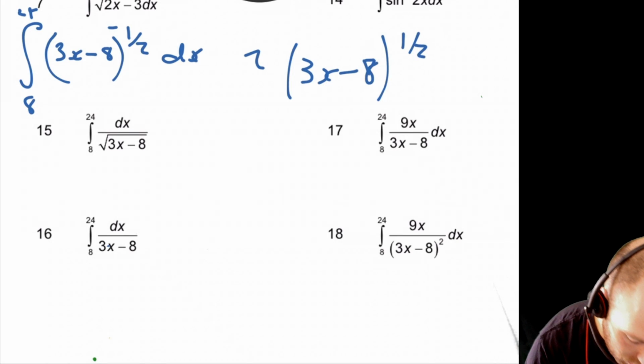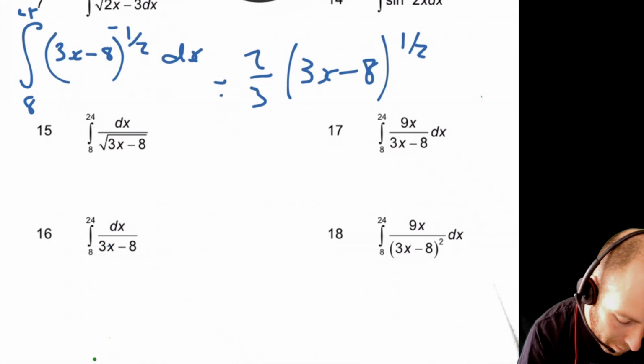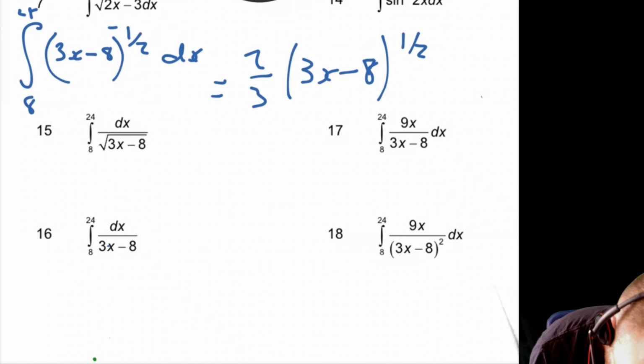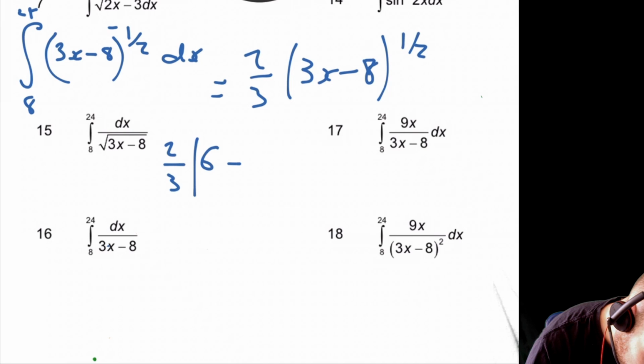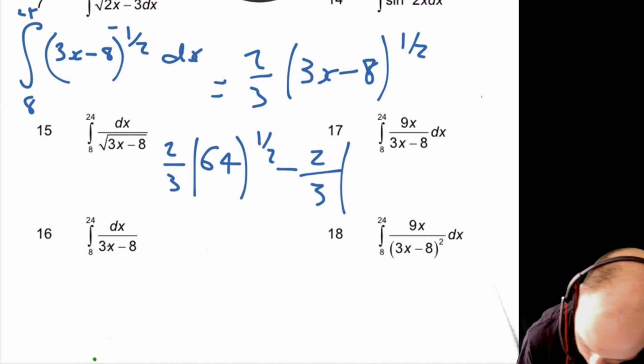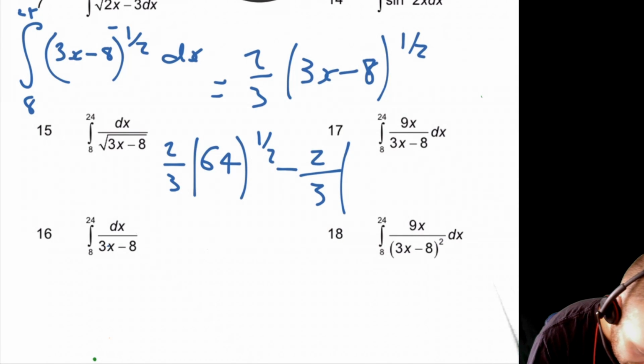So we need to times by 2, divide by 3, so we actually get 2/3. Okay, that's a lot easier to work out. So 2/3 of, what was it, 3 times 24 take 8? 64. Minus 2/3 of 16 to the half.